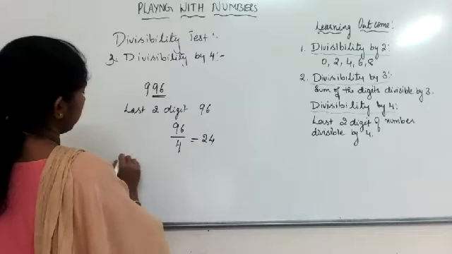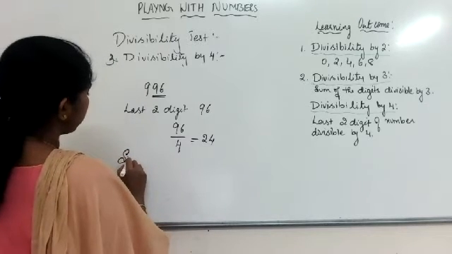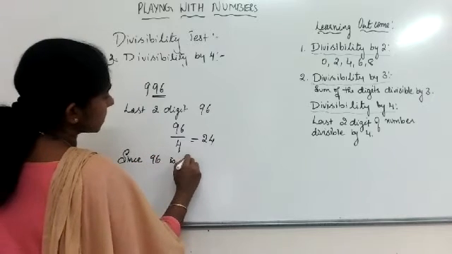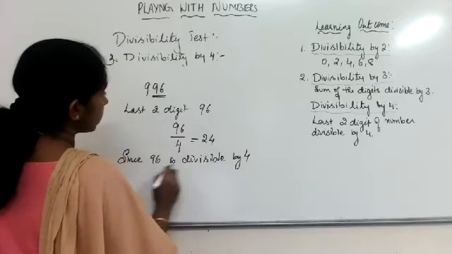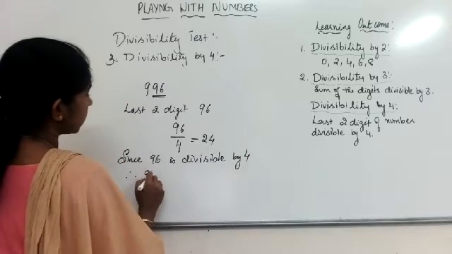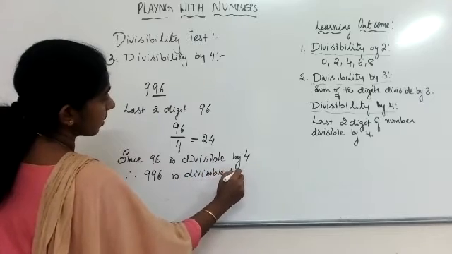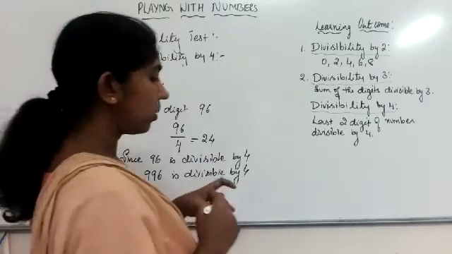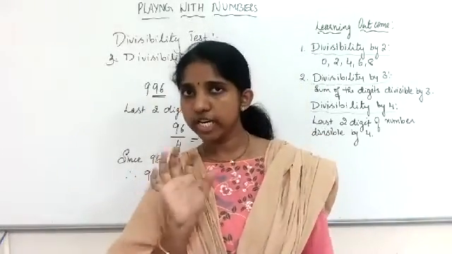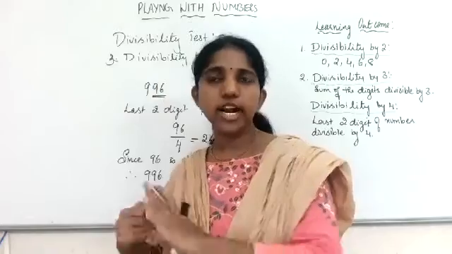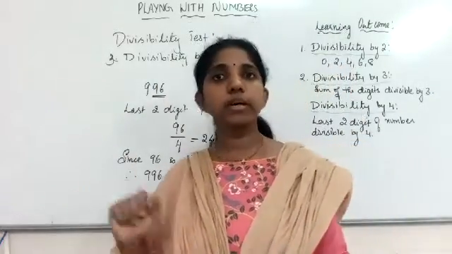Therefore, since 96 is divisible by 4, 996 is divisible by 4. So you take the last 2 digits, and don't interchange their positions. You take them as they are and check whether they are divisible by 4. If so, the number is divisible by 4.